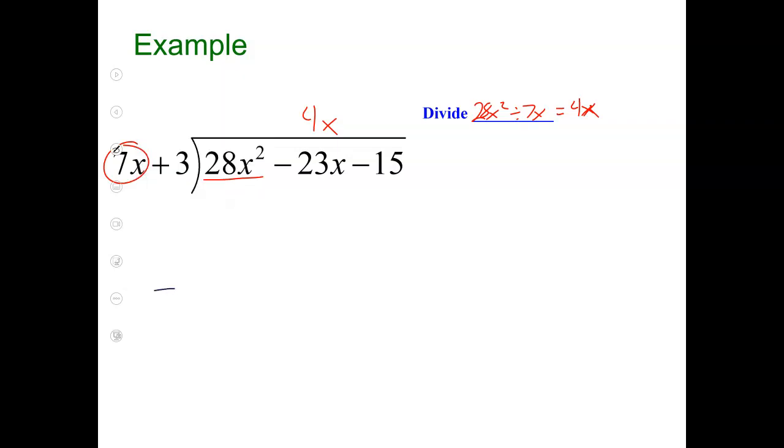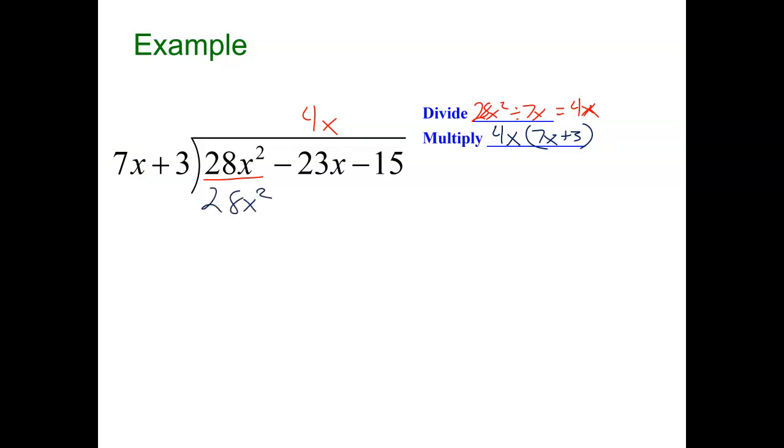Step 2 is to multiply. I'm multiplying 4x by the entire divisor. What is 4x times 7x? 28x squared.